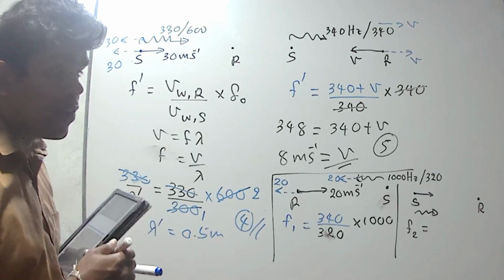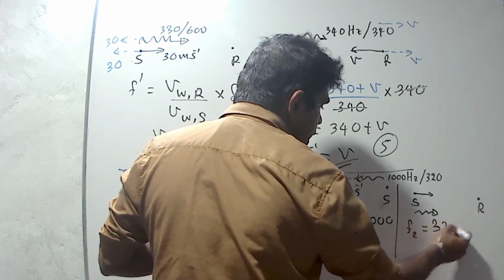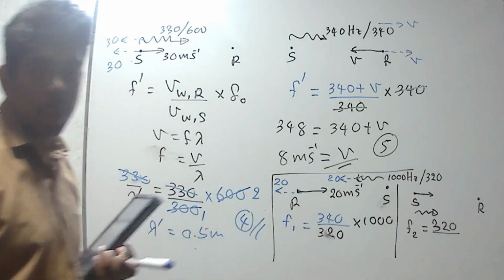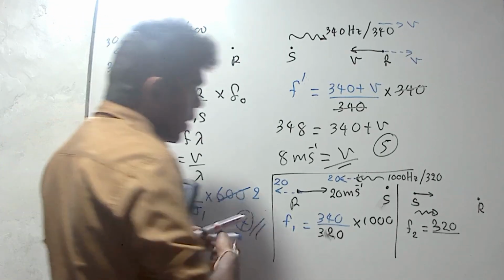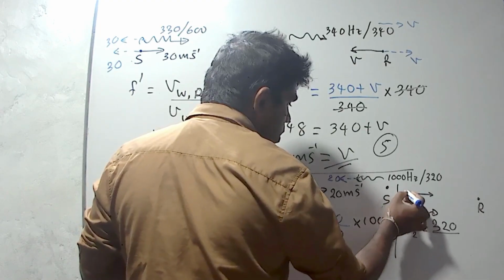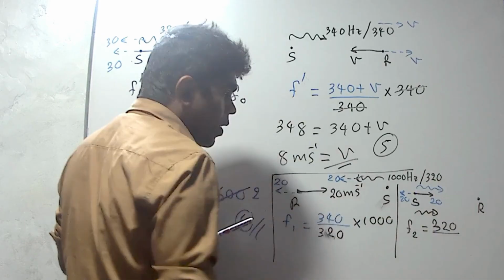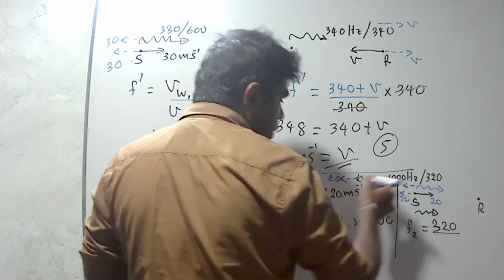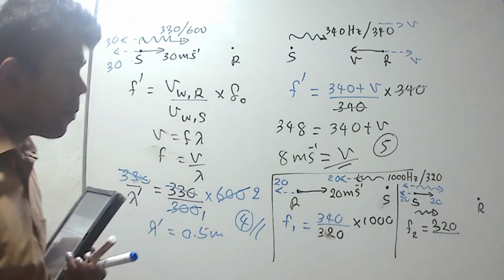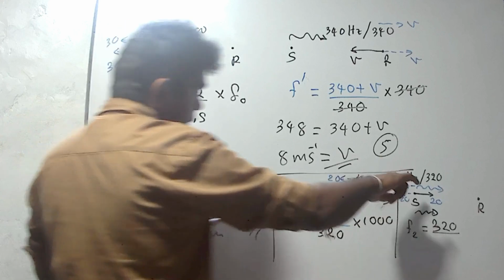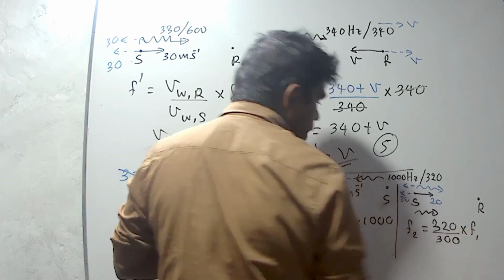Now the receiver is at rest, therefore he can observe the real velocity of the wave, 320. And for the velocity of wave relative to source, we have to give opposite velocity for the source, 20. Now the wave is moving in this direction. We have to give the same velocity for the wave. The velocity of the wave is in the opposite direction. We have to subtract. Then 320 minus 20, it means 300, into F1.